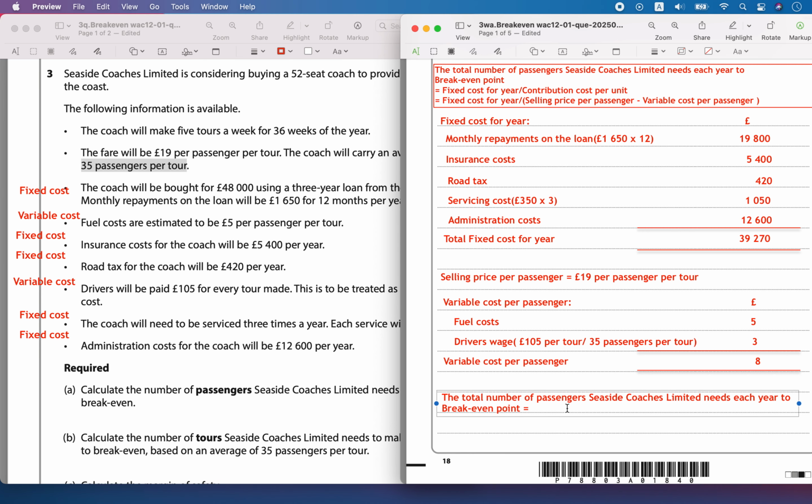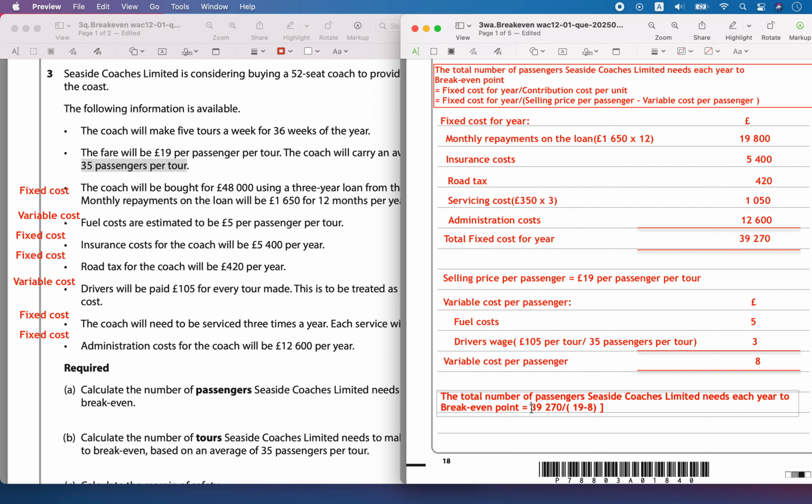They will not make a profit unless they cover this many passengers. So break-even is equal to fixed cost, 39,270, divided by the selling price of 19 pounds per passenger minus the variable cost of 8.